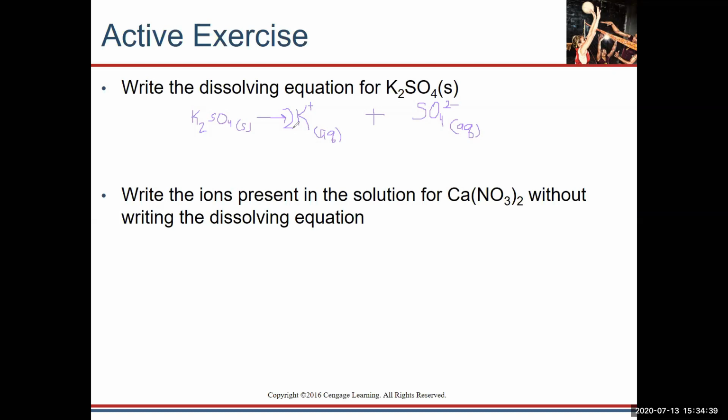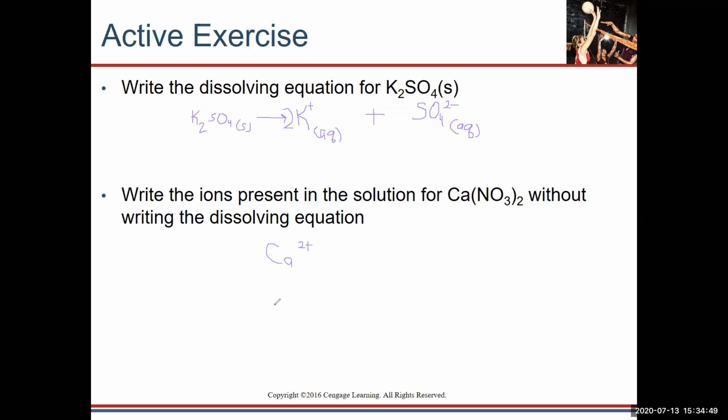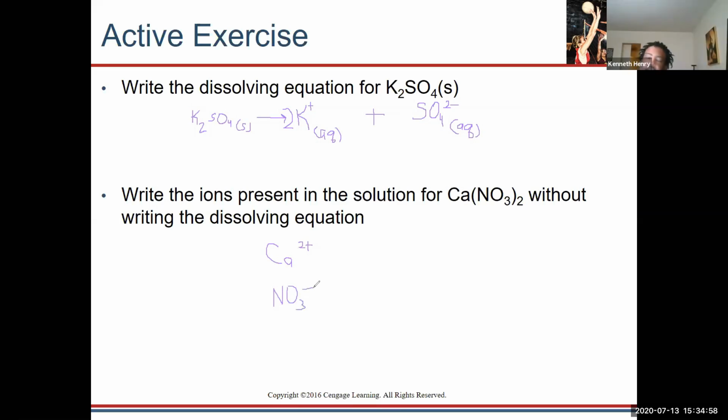Would you get Ca2 plus? Ca2 plus. And NO3 minus? Okay, piece of cake.